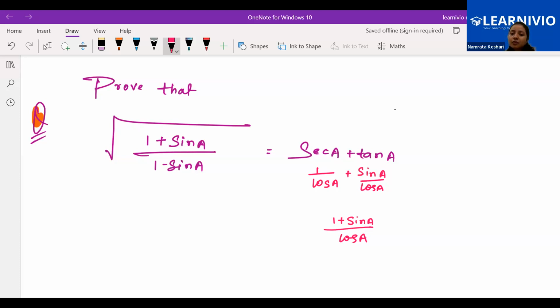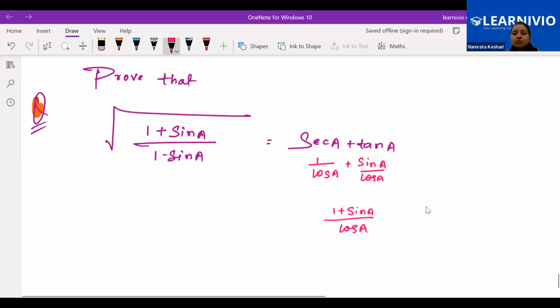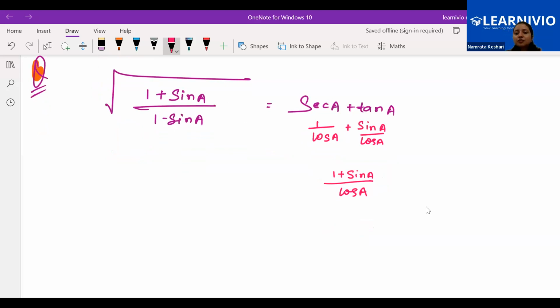Anyone having any idea what to do over here? If instead of this cos A, cos square were there, then we could have written cos square as 1 minus sine square. I'm not saying it is cos square, just the possibility. And then we could have written 1 minus sine square as (1 plus sine) times (1 minus sine), which we have done in a few questions, right?